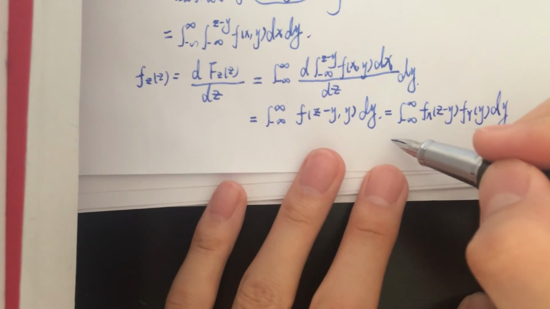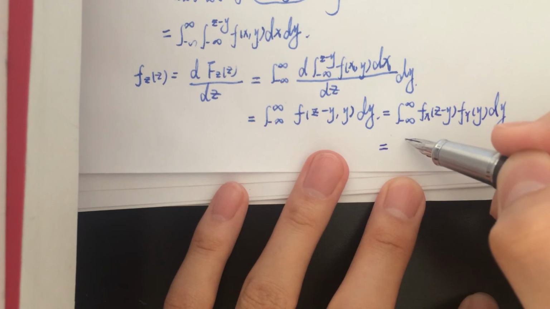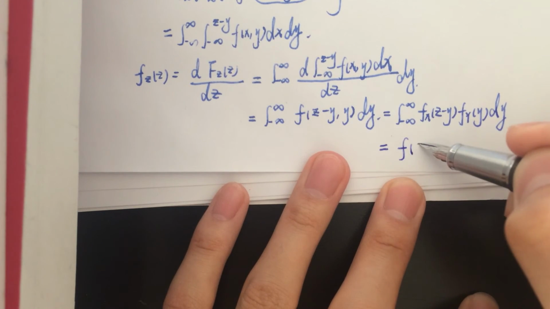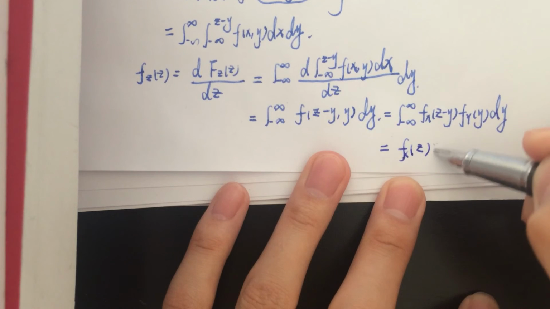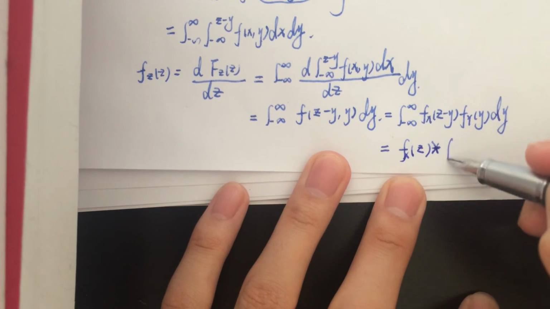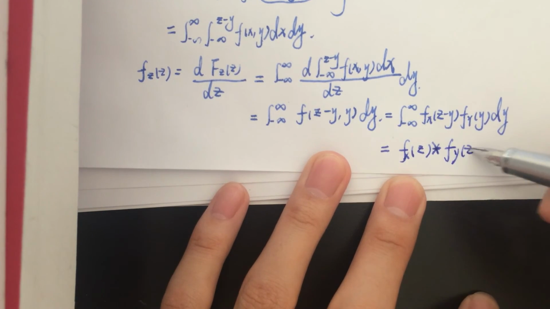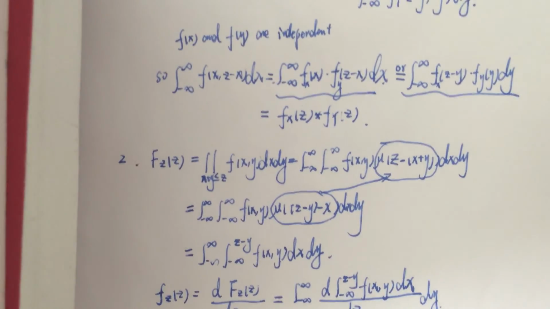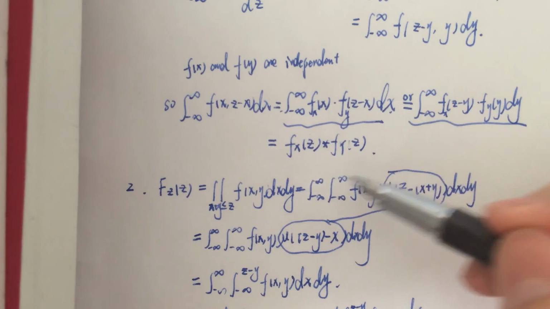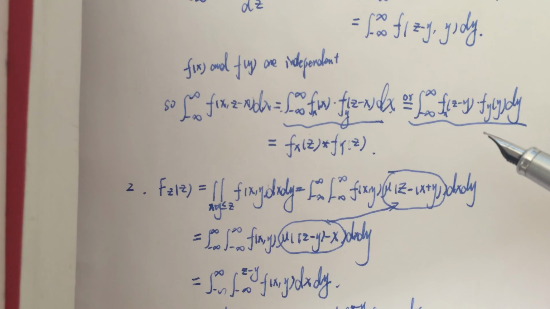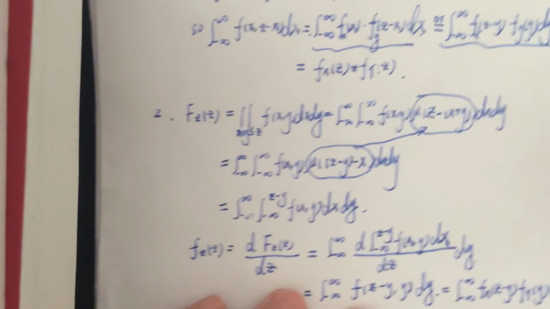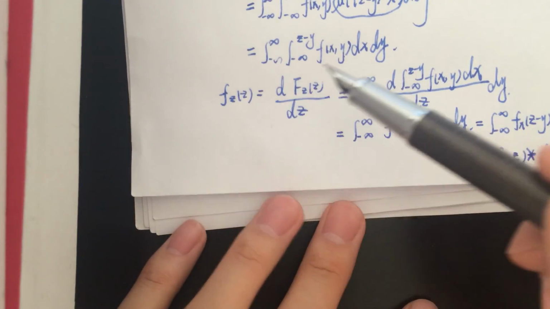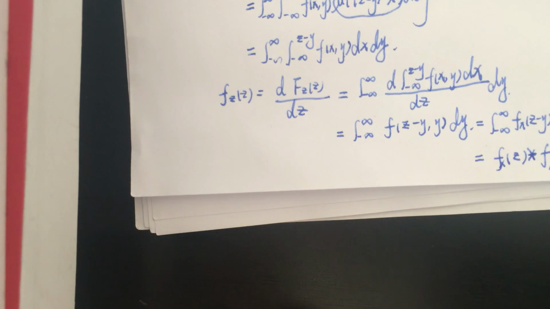And this one is also equal to the convolution of f_X and f_Y. Now we get the same result as the first one, and these are the two methods to get f_Z, the probability density function.